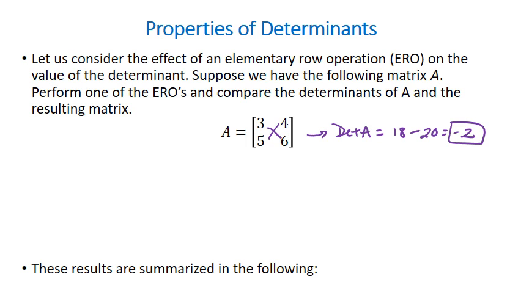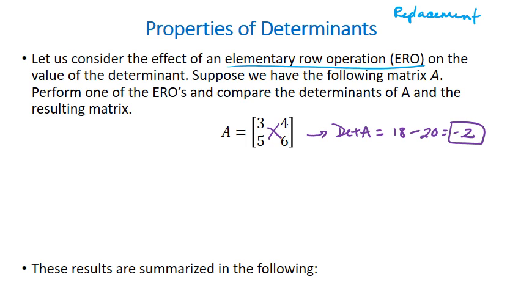Okay, well, let's perform one of the elementary row operations and see how that compares to the actual determinant of A. Now, let me remind you of the 3 elementary row operations. There is replacement, where you multiply one row by something and add it to another.